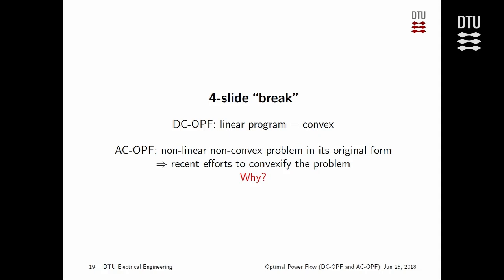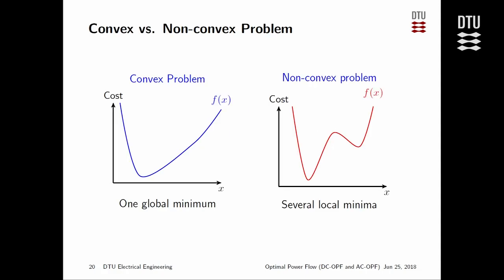So why have there been efforts to convexify the problem? A convex problem, and this is actually a convex function here, has one global minimum. And there has been a lot of work on convex optimization, on how we can solve this problem efficiently.